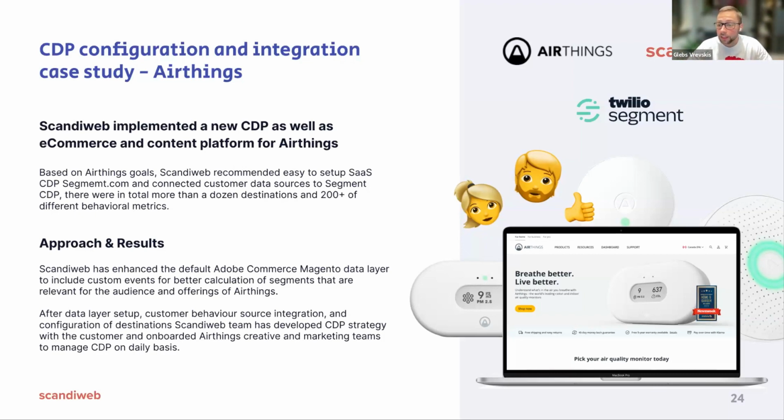So for them, they have chosen a SaaS platform implementation for CDP, which was much easier to configure compared to the Walmart case. In their case, what they needed to do is to set up the data layer on the website and start gathering all the metrics about user behavior from their website, from the mobile applications they have, from some other sources.